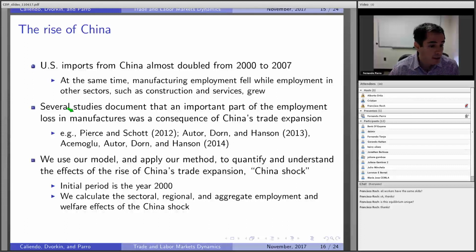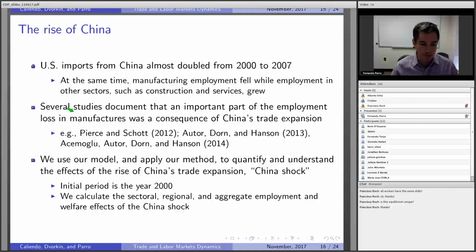This has motivated a lot of recent research to determine what fraction of this observed decline in manufacturing employment is due to increased import competition from China. Several studies have documented that an important part of the employment loss in manufacturing was a consequence of China's trade expansion.